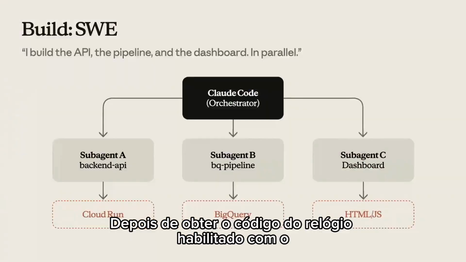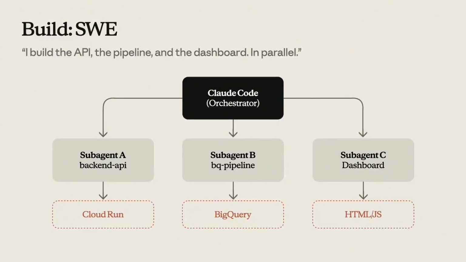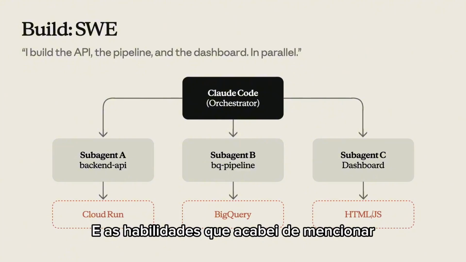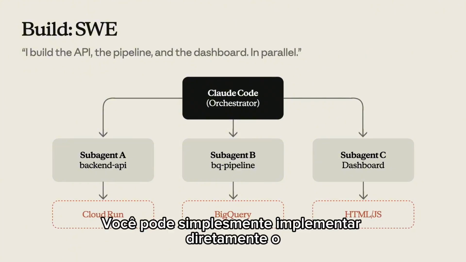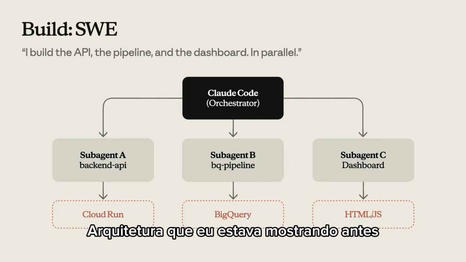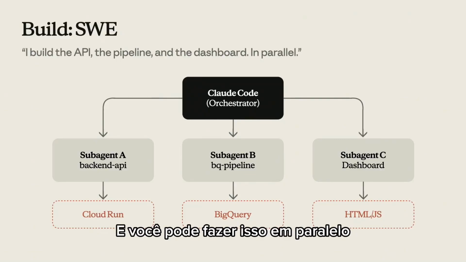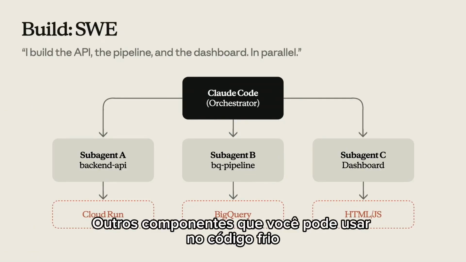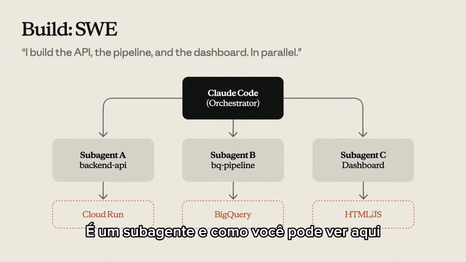So once you have Claude Code enabled with the MCP server of the documentation and the skills that I just mentioned, you can directly implement the architecture that I was showing you before, and you can do this in parallel. Another component that you can use in Claude Code is sub-agents.